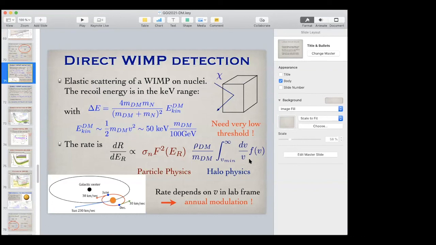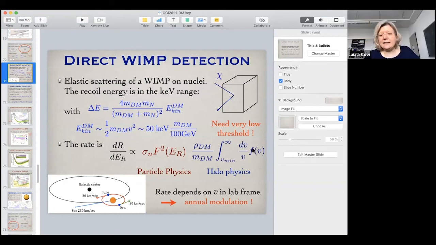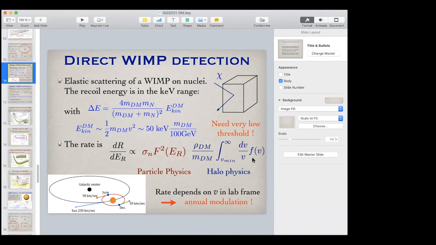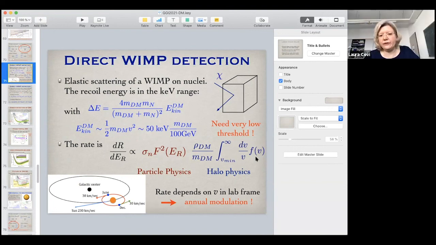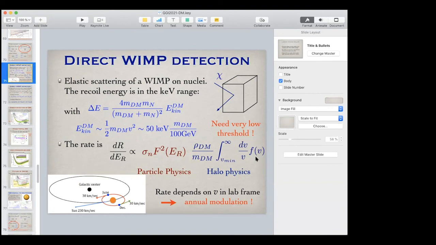Generically, it doesn't change a huge amount of the signal. So it does change the signal, but the point is also, if you would have a rotating dark disk, you would not expect this dark disk to move in the same way as the sun. So at the end, you always have a non-trivial velocity of the dark matter with respect to the Earth.